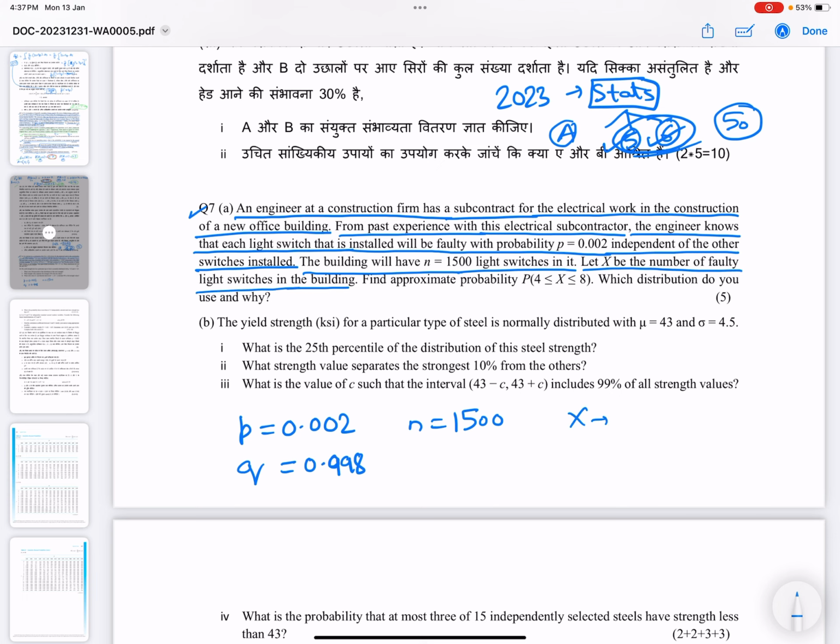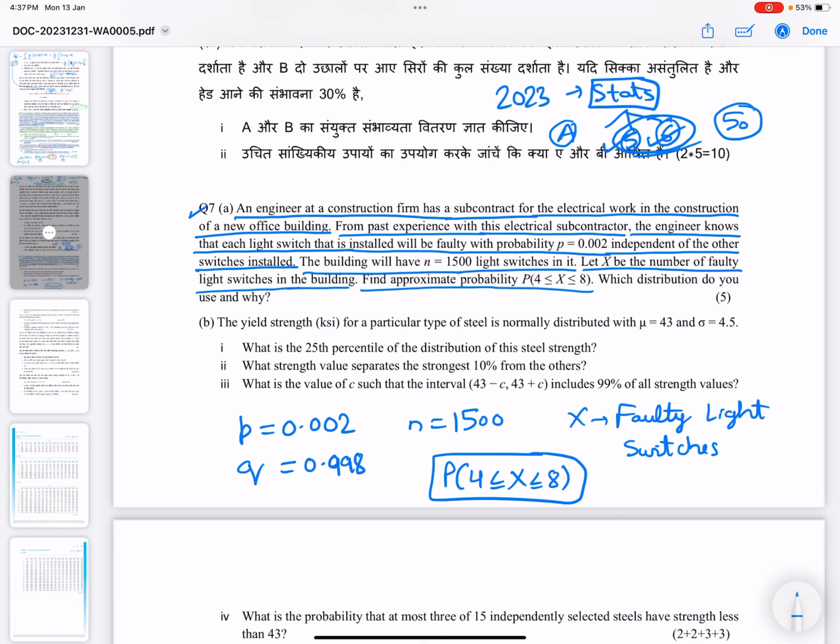Find the approximate probability. So we are supposed to find the probability that X lies between 4 and 8 when 1500 switches are there. Which distribution do you use and why?